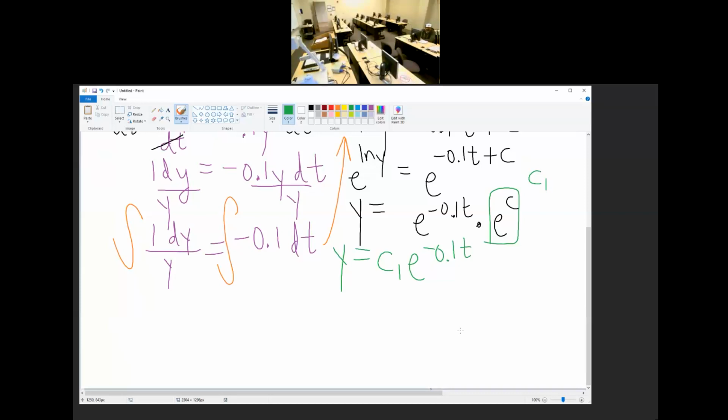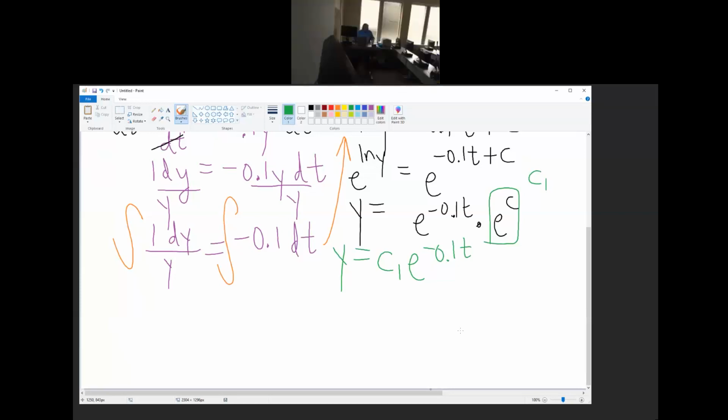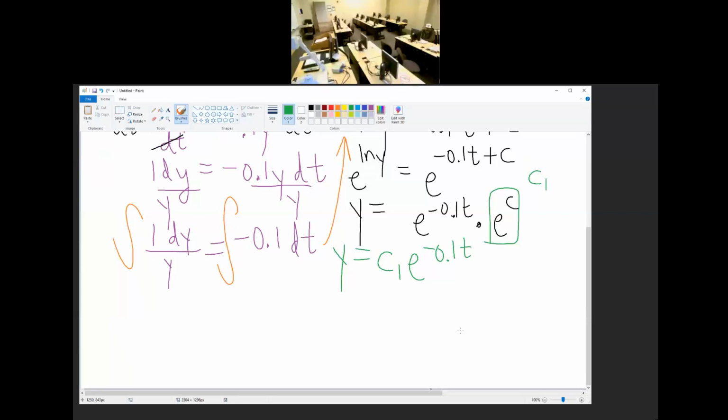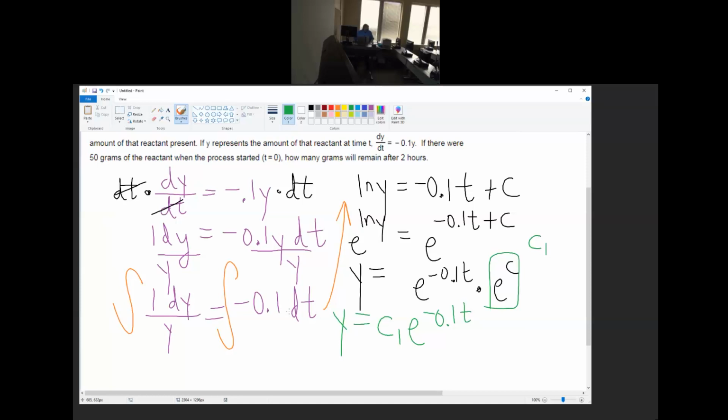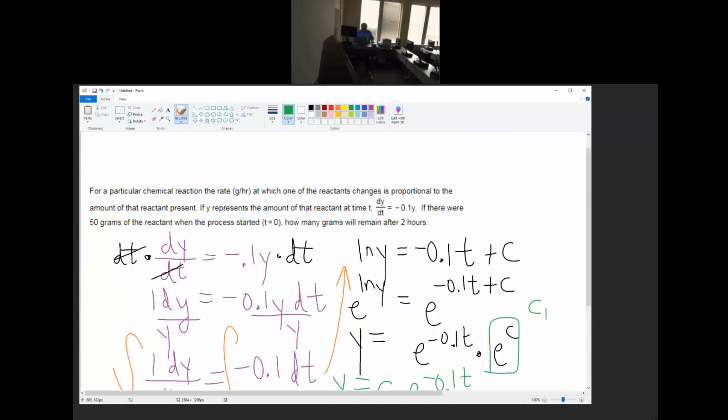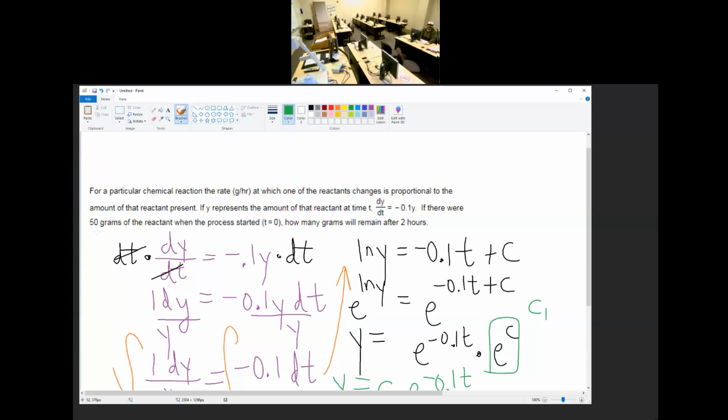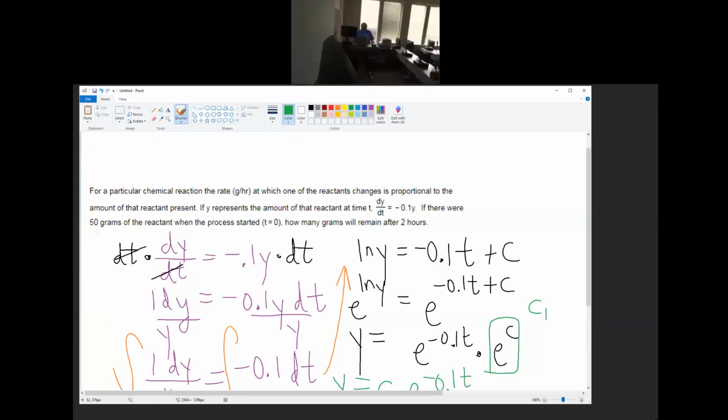Now we're actually going to use this equation. The c sub 1, let me go back up here for a minute. The 50 grams, the c sub 1 stands for the initial amount. So the initial amount is 50 grams.